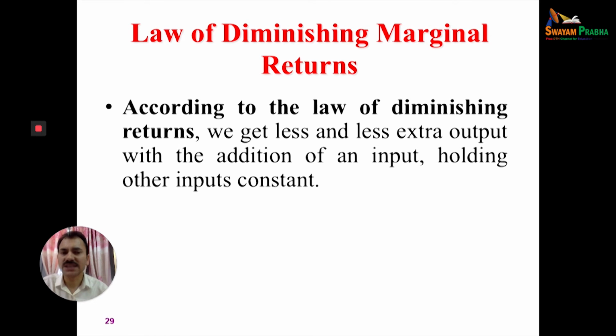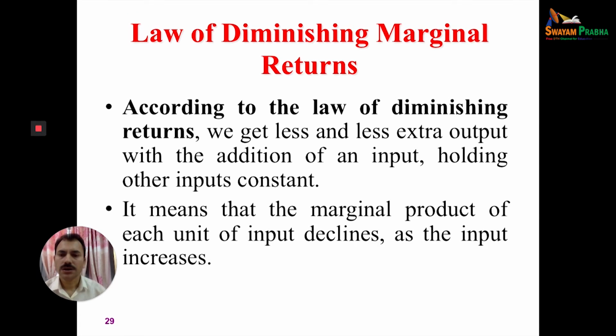We get less and less extra output with the addition of an input when we assume that other factors of production are constant. It means that the marginal product of each unit of input declines as output increases.